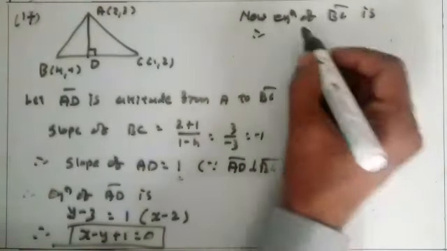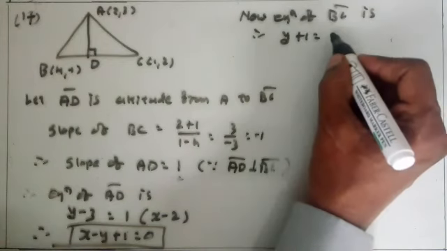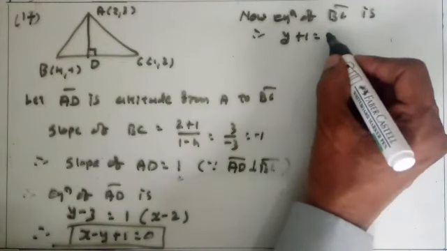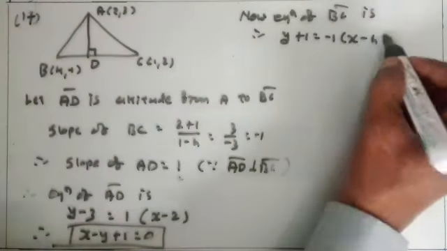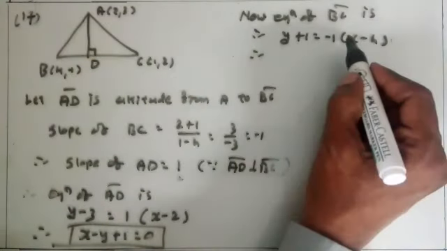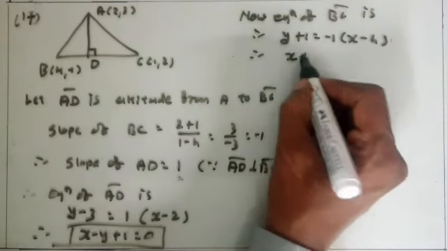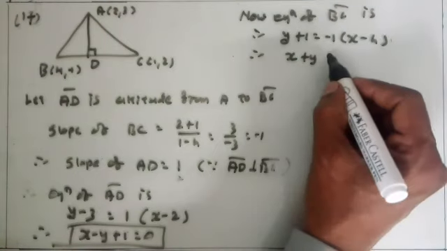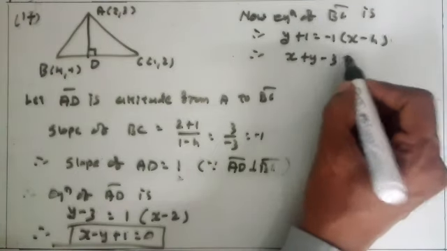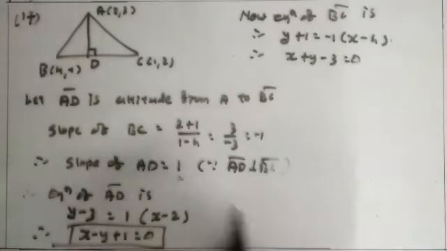Using any one point, y + 1 = -1(x - 4). Therefore, y + 1 = -x + 4, so x + y - 4 + 1 = 0, that is x + y - 3 = 0. Clear? So this is the equation of BC.